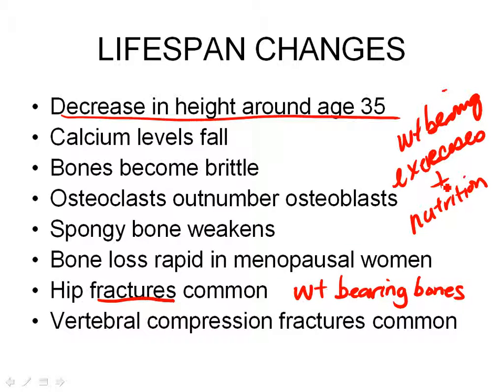And if we can, because we know that one of the things as far as the level of calcium falling as we age, we know that older folk tend to not get as much sun as possible, which means that we don't have the conversion of cholecalciferol into the active form, hydroxycholecalciferol, which is the active form of vitamin D. And we know that that vitamin D is very important in the absorption of calcium.